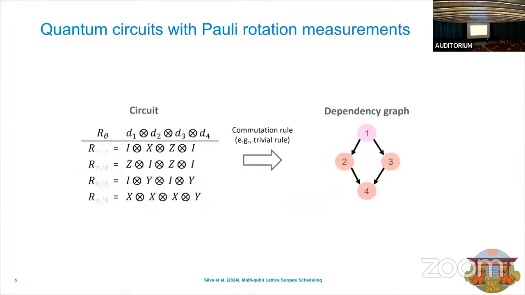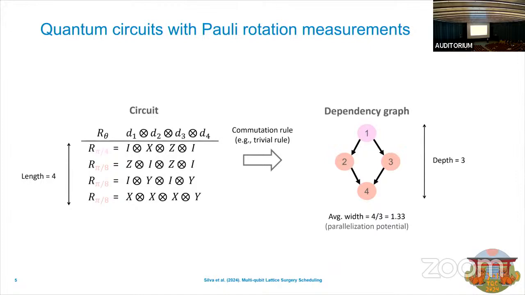So we are given a circuit composed of Pauli rotation measurements that can be represented as a matrix, where each row represents a single rotation that needs to be performed, and the columns represent each one of the qubits requested by them. By defining a commutation rule, for example the trivial commutation rule, we can build a graph that we call a dependency graph, representing the dependency constraints for the execution of these operations.